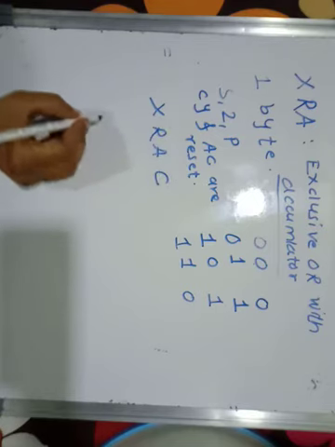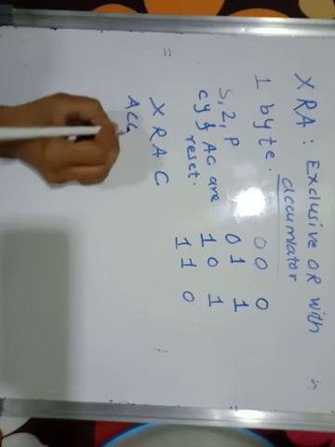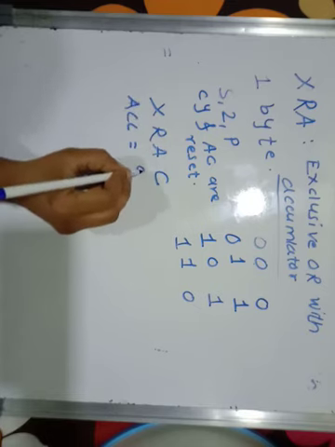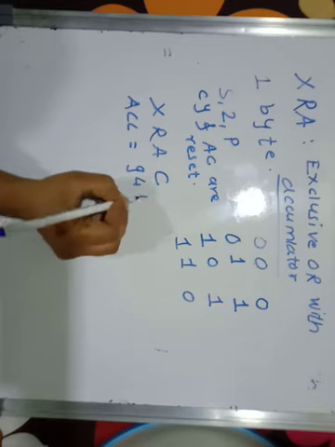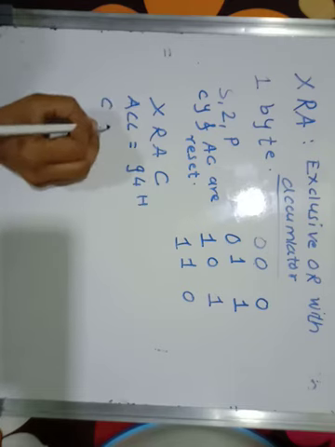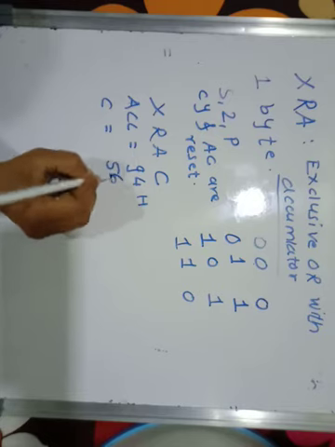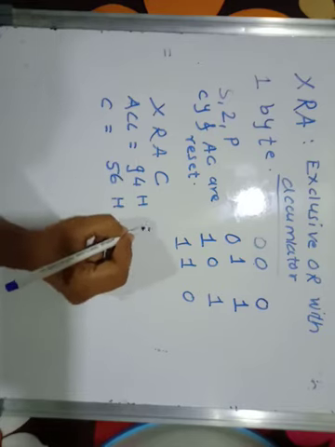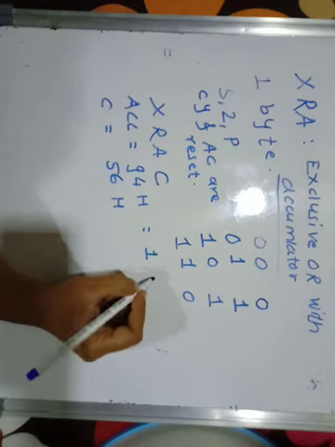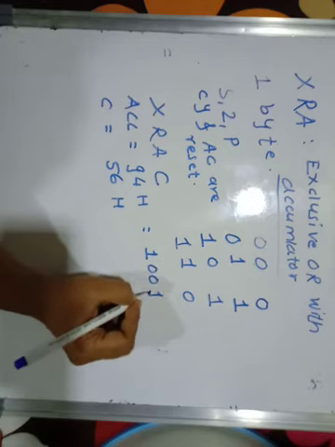XRA C. The content of accumulator is 94H, and the content of register C is 56H. Okay, so what we are going to do, first of all, convert this into binary.